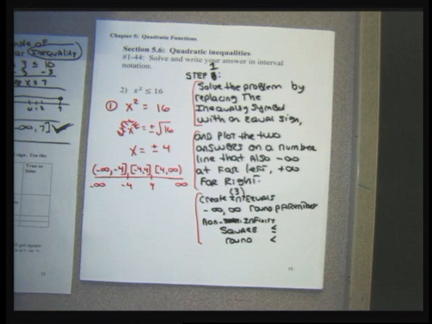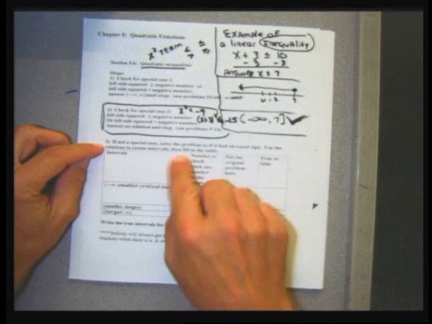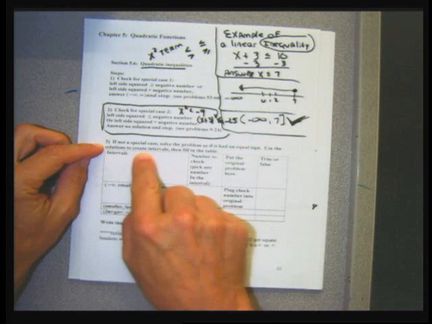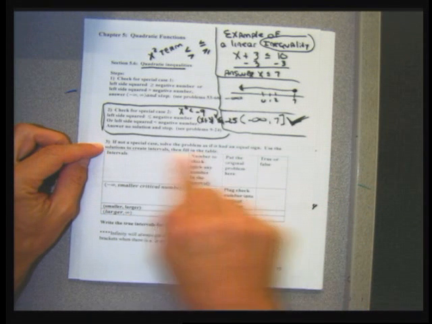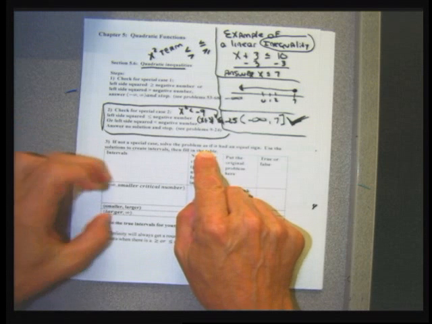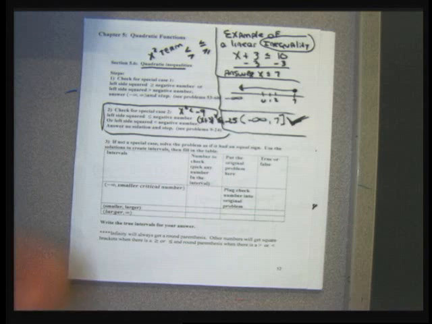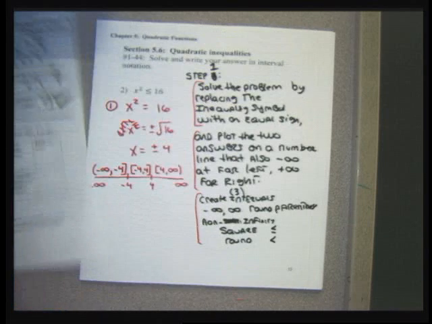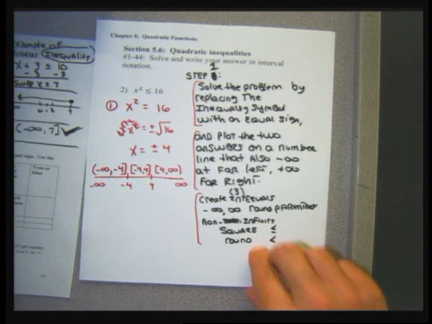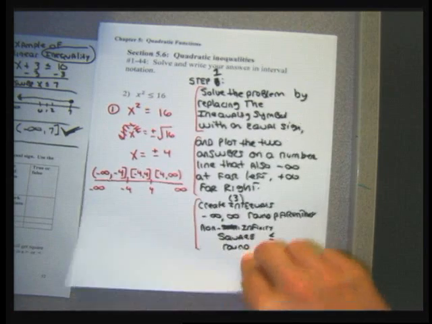So now I'm done with this sentence right here. Solve the problem like it had an equal sign, use the solutions to create intervals, and now I'm going to fill in the table. So my table is going to contain the intervals, and I'm going to need another sheet of paper because that's going to take way too much room, or I'm going to need to just bump up my sheet here so you can't see the problem anymore.